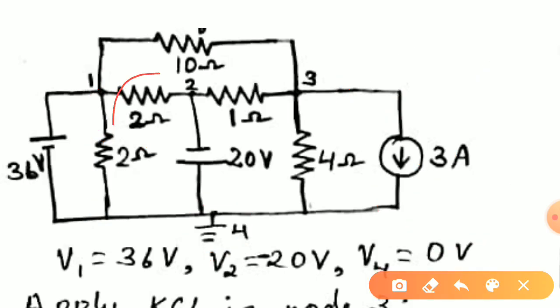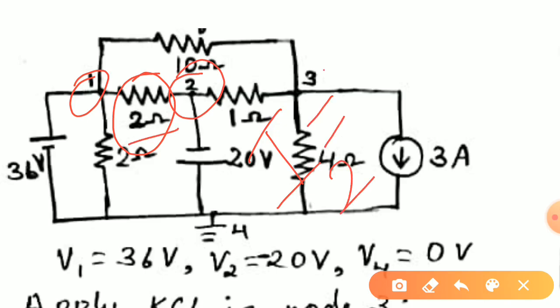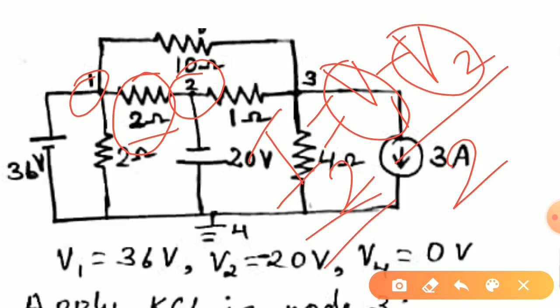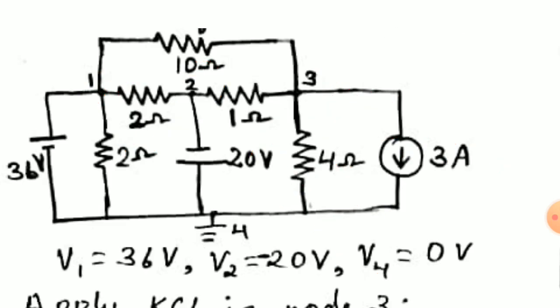When we talk about this other 2 ohm resistor, it is connected between node 1 and node 2. So I2 for this particular resistor can be given as V1 minus V2 upon 2. Substituting the values of V1 and V2, we can get the value of current flowing through the 2 ohm resistor.